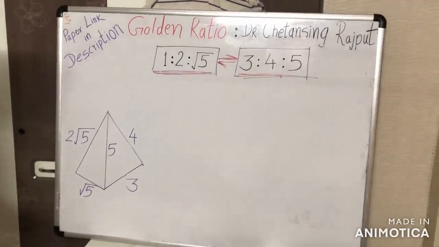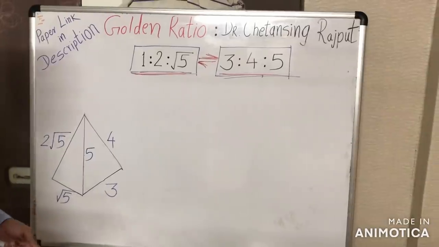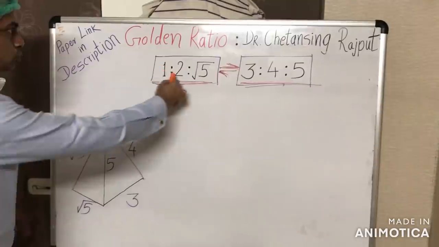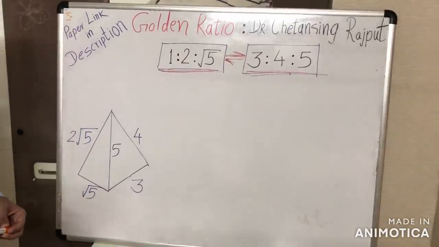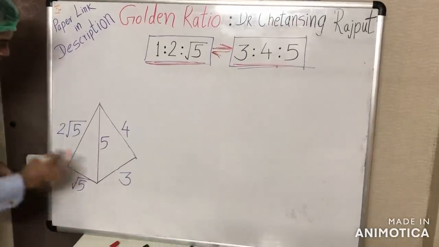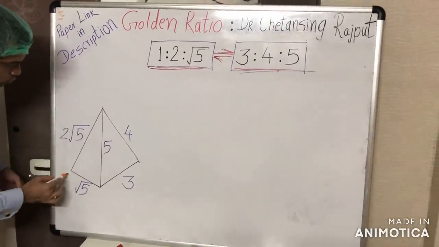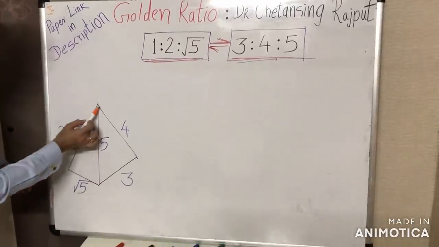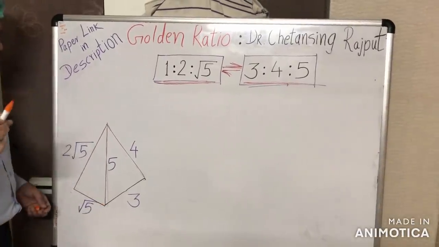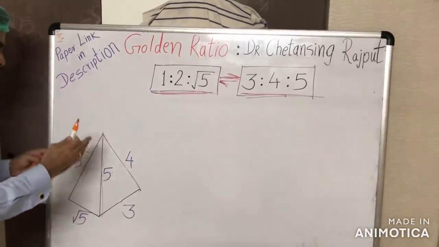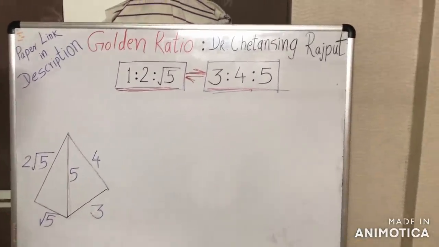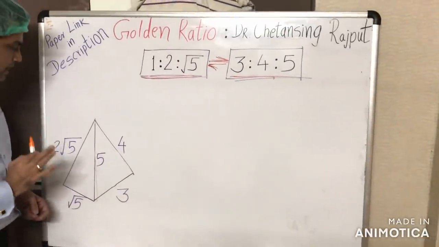In the previous part of this video, we had seen that if these two triangles of equivalent sides are connected along their hypotenuse like this, the 1, 2, root 5 triangle and the 3, 4, 5 Pythagorean triple with their common hypotenuse, these triangles exhibit the golden ratio precisely embedded in their side lengths as well as their angles.